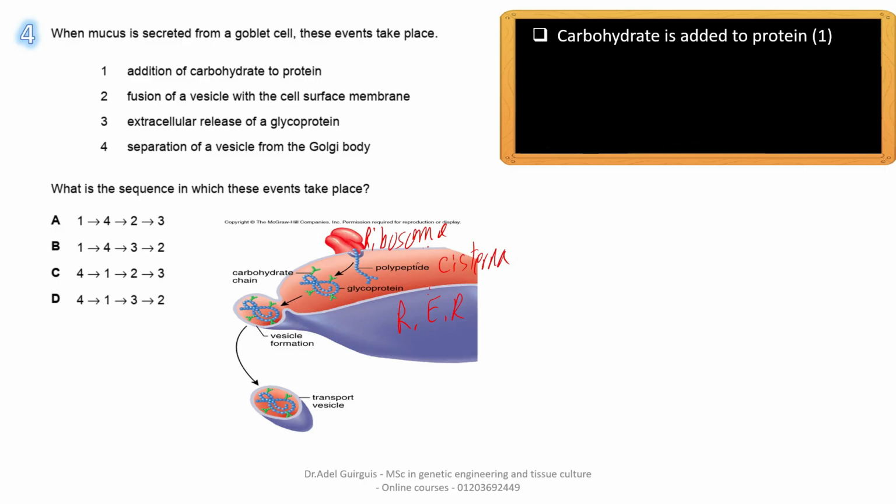Inside the cisterna of rough endoplasmic reticulum, the polypeptide that is formed due to translation of mRNA by the ribosome will fold and have the carbohydrate part added, and the folding of the polypeptide with carbohydrate takes place firstly in the rough endoplasmic reticulum. Then certain vesicles pinch off the rough endoplasmic reticulum to form something called a transport vesicle.